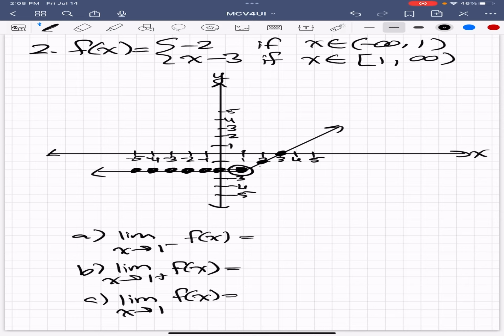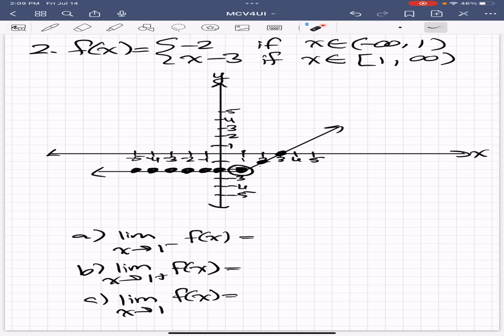So we can't do this by substitution. What we can do is look at the analysis of the graph. It's a piecewise function, so it's -2 if x is an element of the round bracket -infinity to 1. So we have that here. And that's the open circle because it's not a square bracket, it's a round bracket.